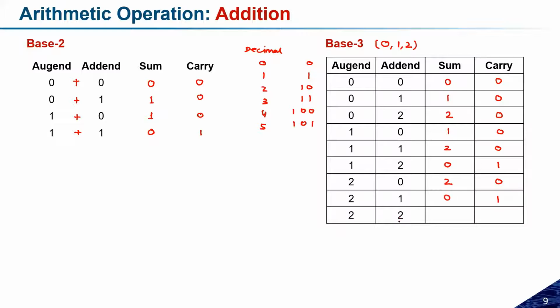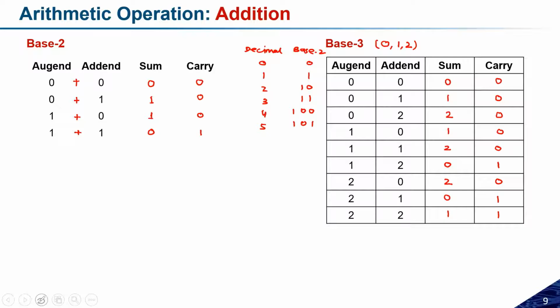And 2 plus 2 is equivalent to 4, so you have to convert it: the sum will become 1 and the carry will be 1. So these are the representations which you can use for different number systems.